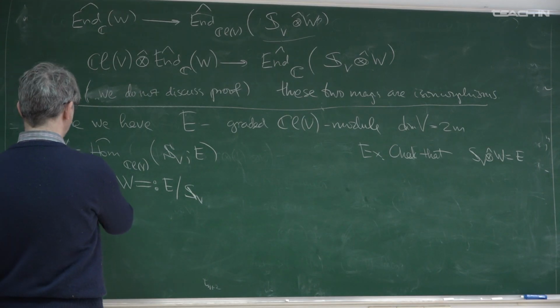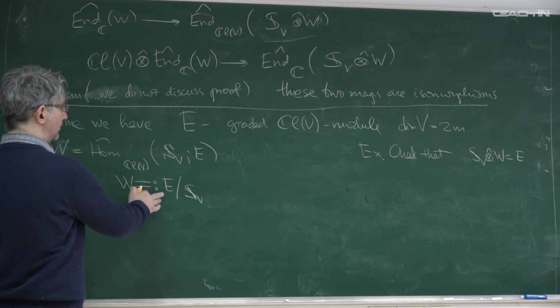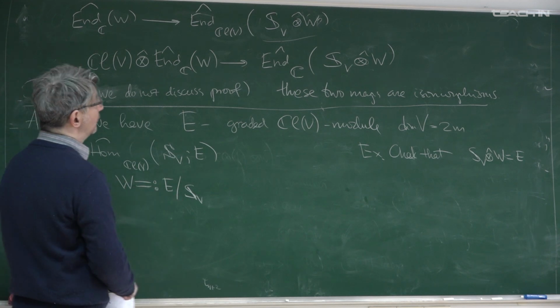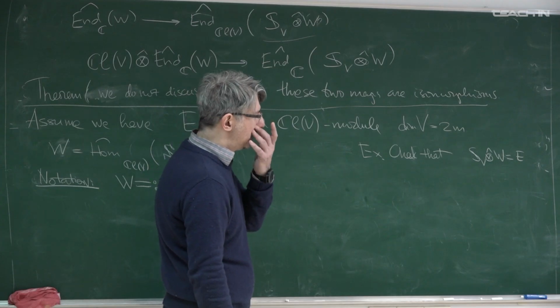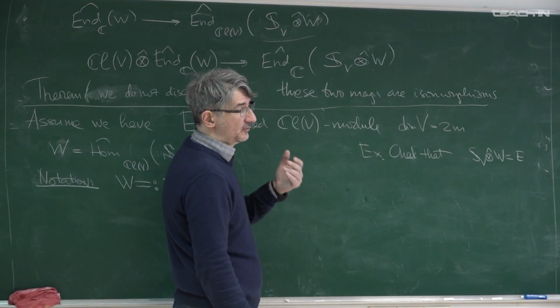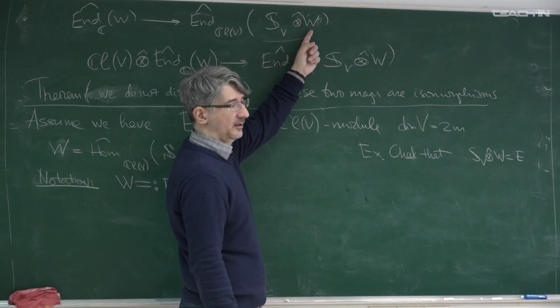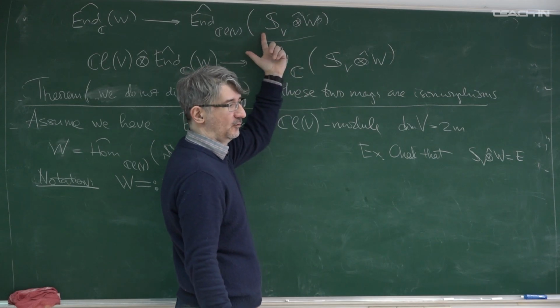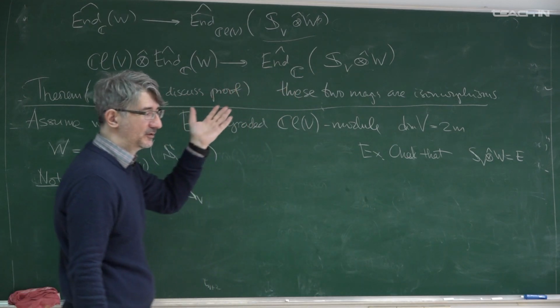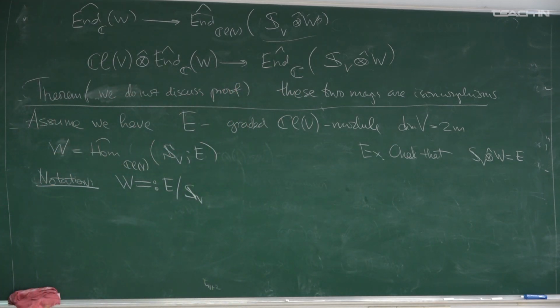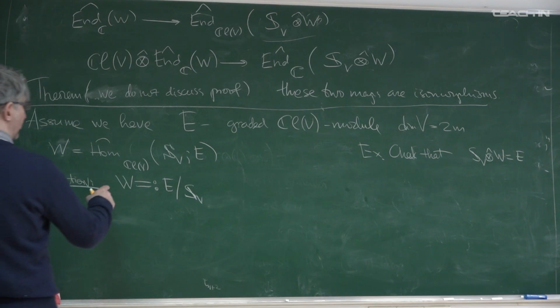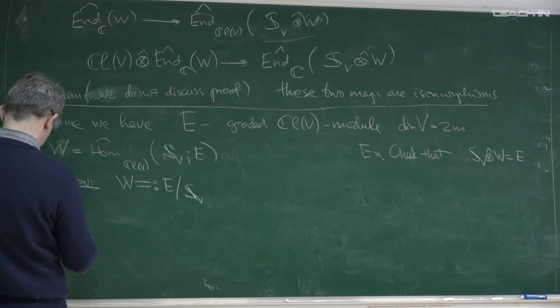So instead of introducing a new letter W, we write E divided by SV, because it's a little bit confusing, but it's very suitable. Imagine you have this expression. How to find W? You divide by SV, no problem. Nobody divides in tensor products, but it's just notation. The formula for W is given here.